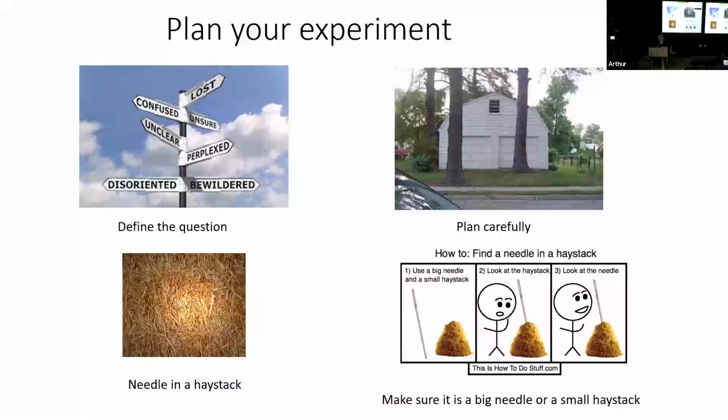You need to say, I want to know what the mitochondria look like under conditions A, B, and C, comparing that to conditions of purity and an absolutely healthy state. So plan your question, define your question specifically, plan carefully. You want to have proper controls.